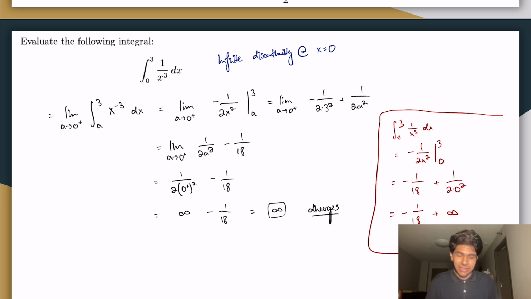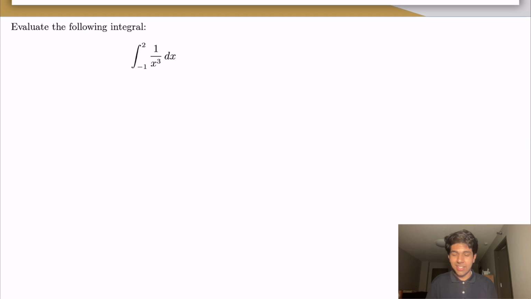This worked out nicely when one of our limits was where the infinite discontinuity is, but that isn't always the case. For example, the integral from negative 1 to 2 of 1 over x cubed dx. We already know that there is an infinite discontinuity because we've seen this integrand.